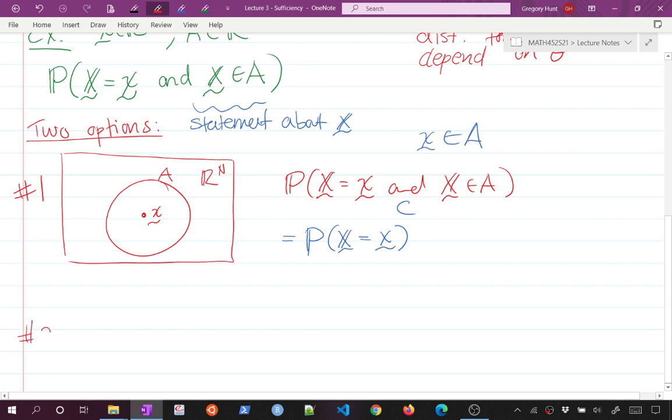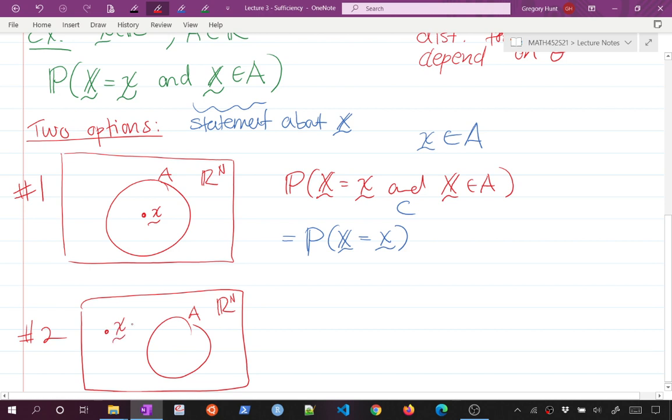Option 2, here's R^n again. Here's A. I could choose x outside of A. Seems like a really dumb thing to do, but we could do it.